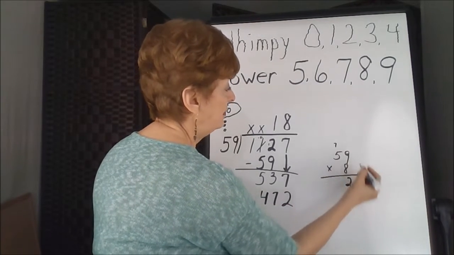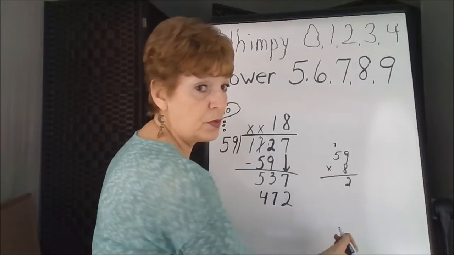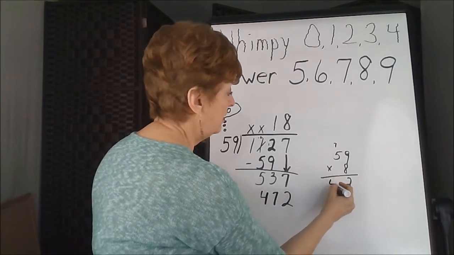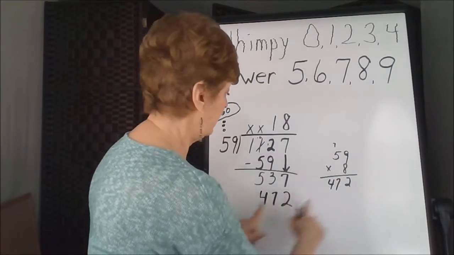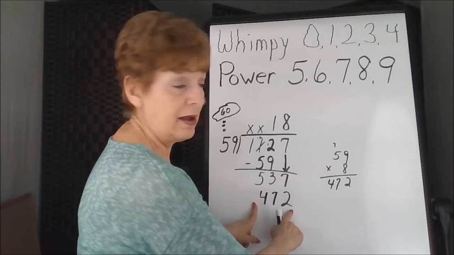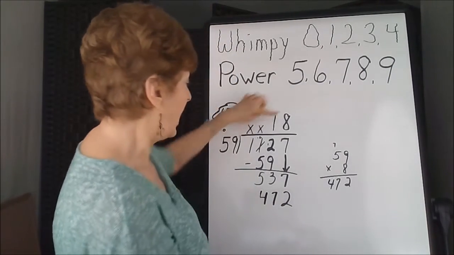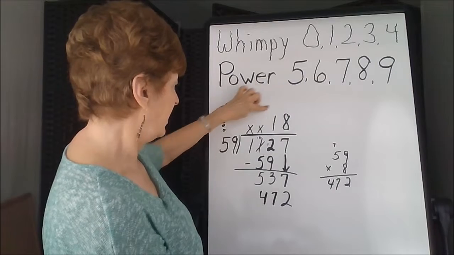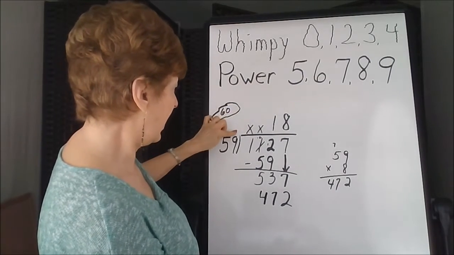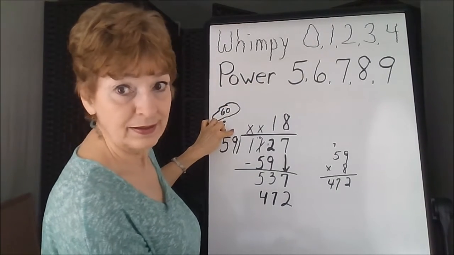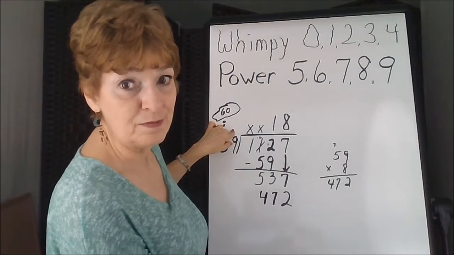Carry the 7. 8 times 5 is 40, and 7 more is 47. That's where I got this 472. I just distributed the numbers sideways. 8 times the 9, then 8 times the 5. That's the distributive property of multiplication.